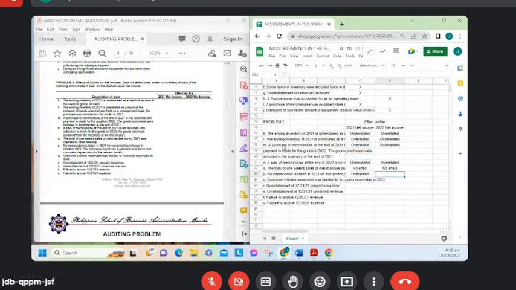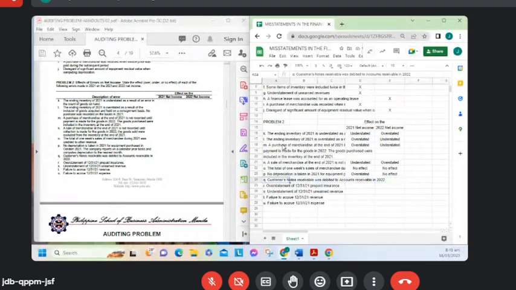What about in 2022? This is a non-counterbalancing error, di ba? The non-recording of depreciation for 2021 will only affect the accumulated depreciation in 2022, no? Therefore, come 2022, it should have no effect on the income statement or net income of the company.